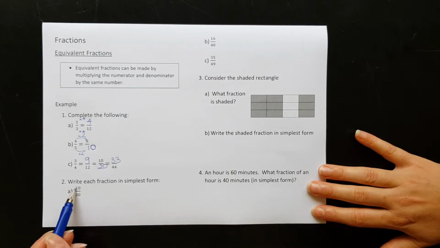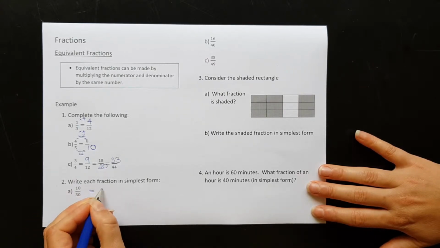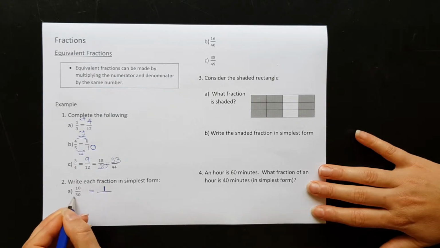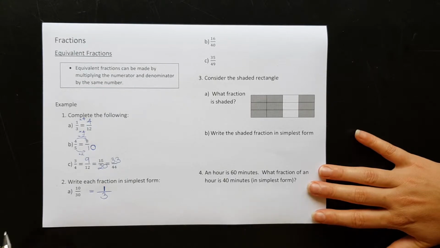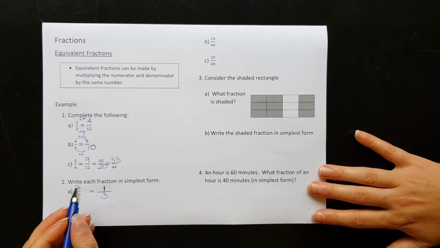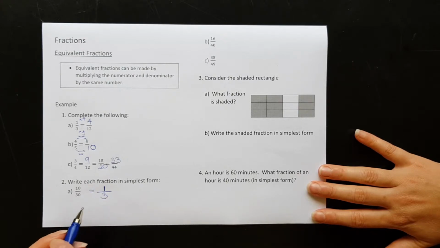So both of them can divide by 10. 10 divided by 10 is 1, and 30 divided by 10 is 3. Now that is not going to get any smaller. 1 is as small as it's going to get. So that is the most simplified fraction from 10/30.